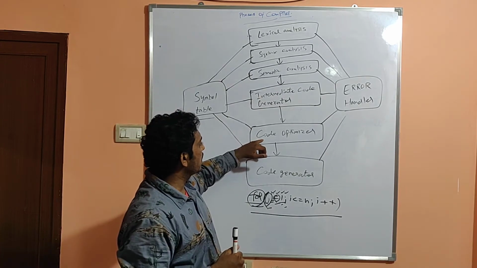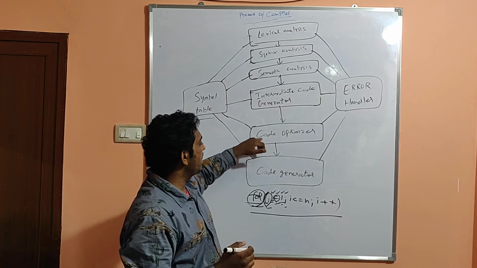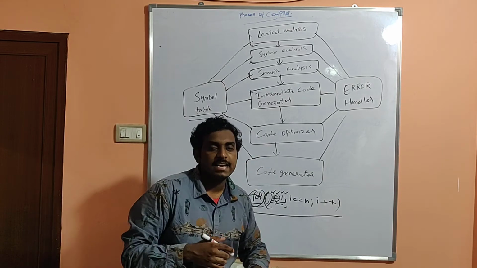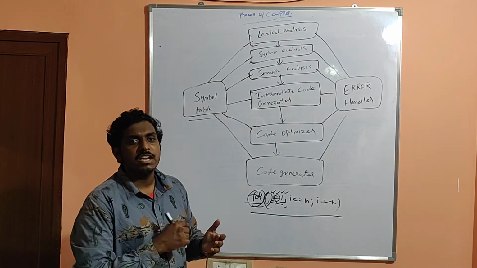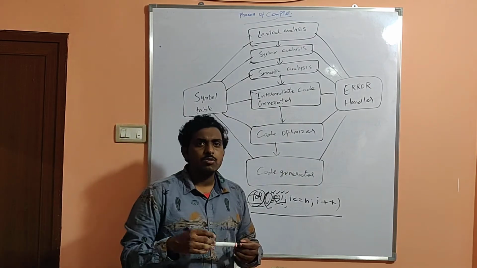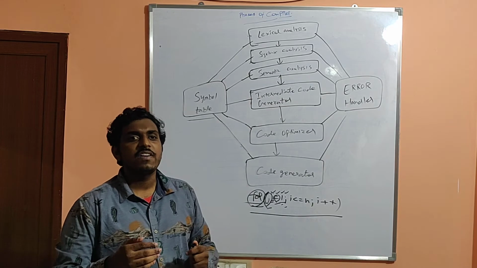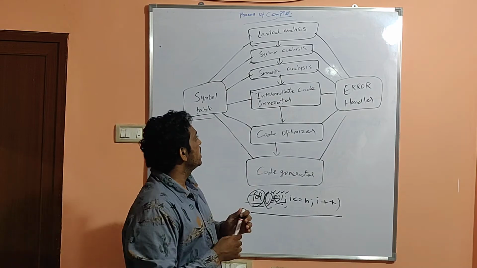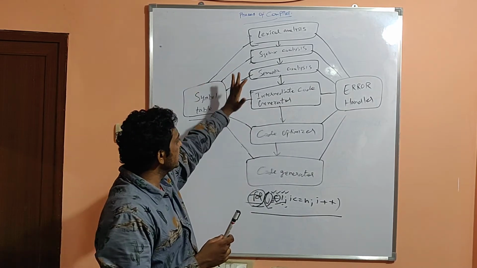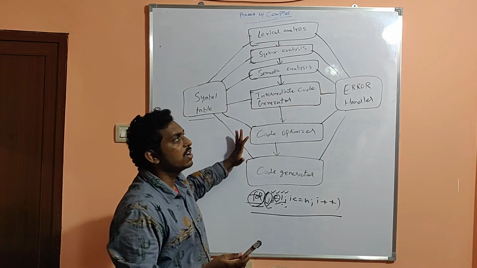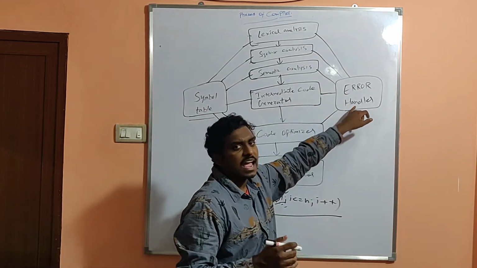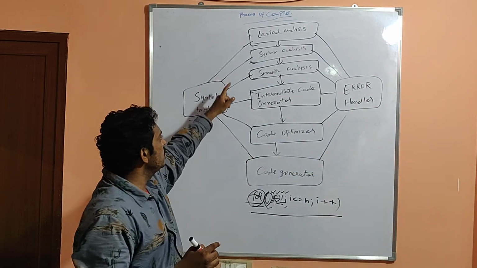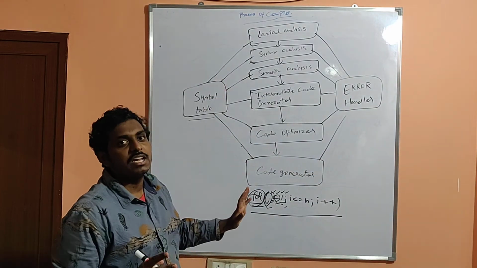Whatever code is optimized, the final code generation then takes place. Code generation is the last step of the compilation process, and the code generated is in the final machine level language. In all these 6 phases, the symbol table and the error handler are linked to each and every phase of the compilation.